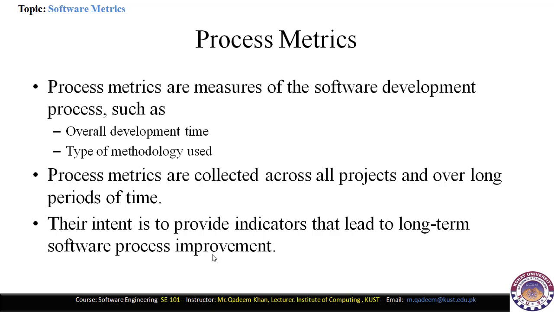CMMI is a software process improvement framework, the Capability Maturity Model Integration, which has multiple phases, and in different phases we use different sorts of metrics. So the intent of the process metric is to provide long-term software process improvement. And when that particular process is used for development, a good quality software product will be produced.